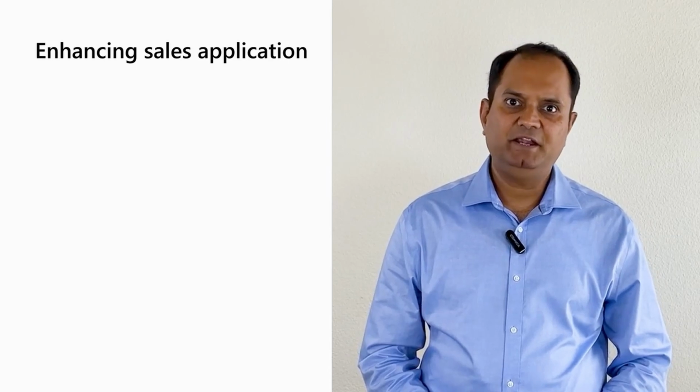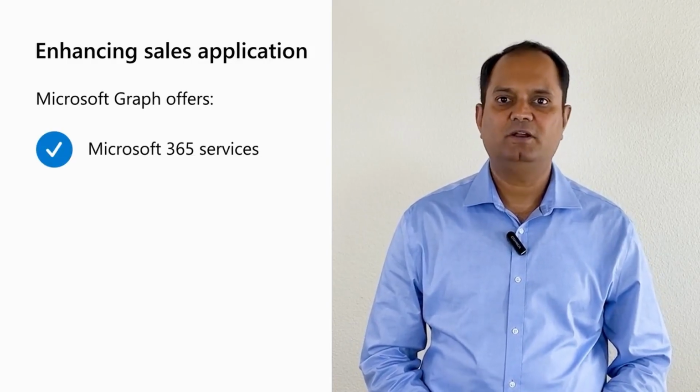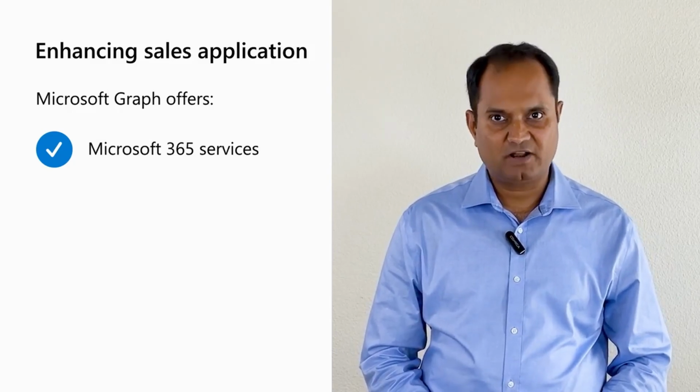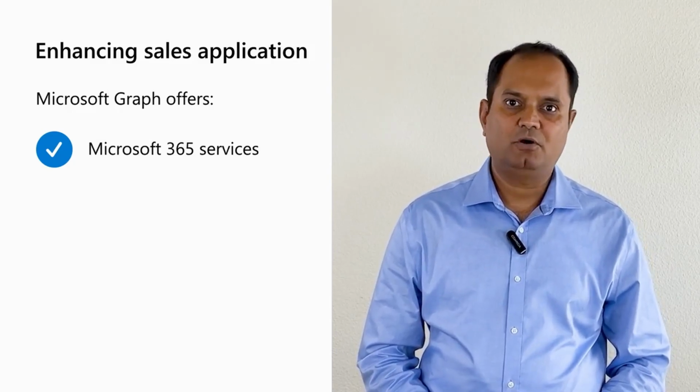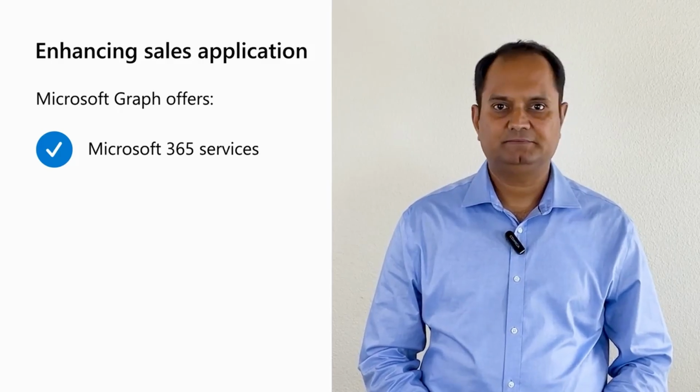As your salesperson application expands, it may need to include data from other services besides the basics. These services could be anything from Microsoft 365 services, which include Delve, Excel, Microsoft Bookings, Microsoft Teams, OneDrive, OneNote, Outlook or Exchange, Planner, SharePoint, Workplace Analytics.